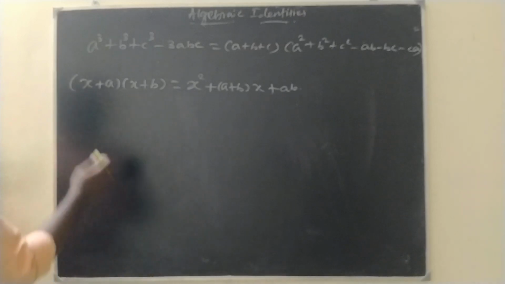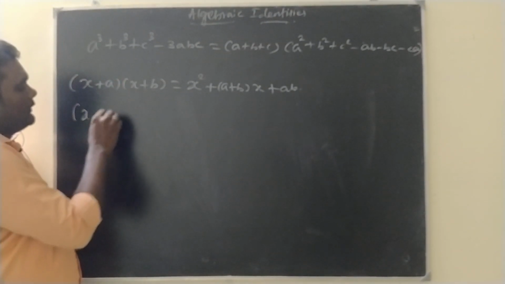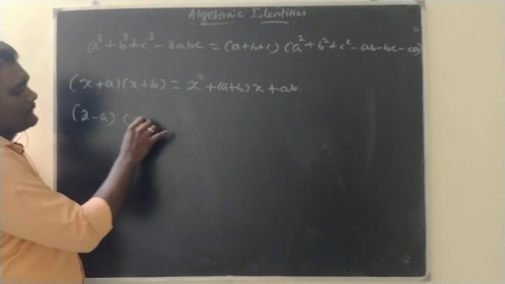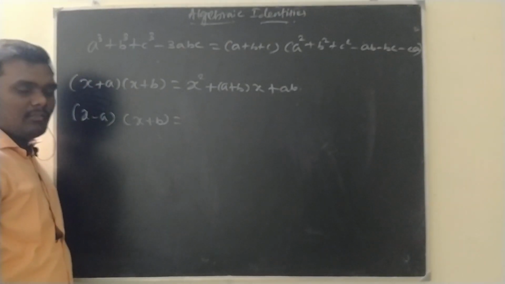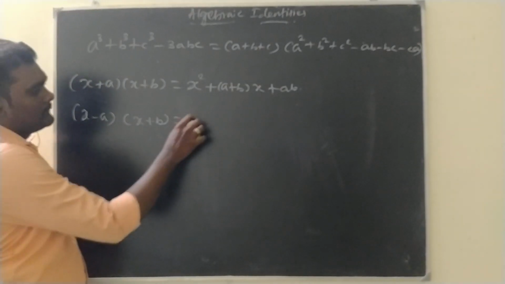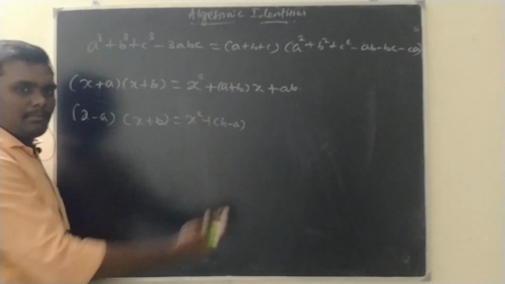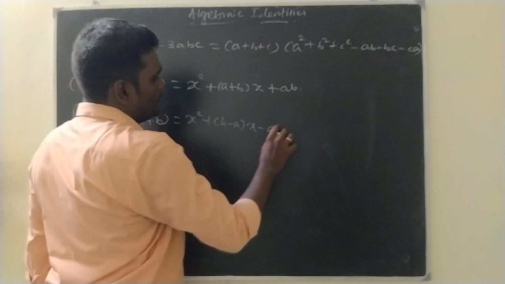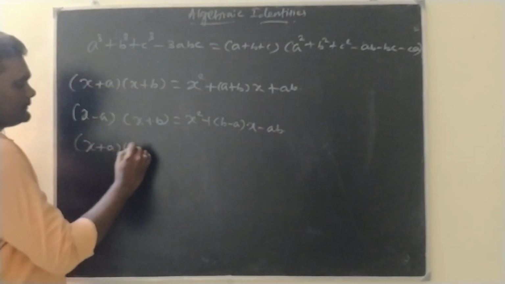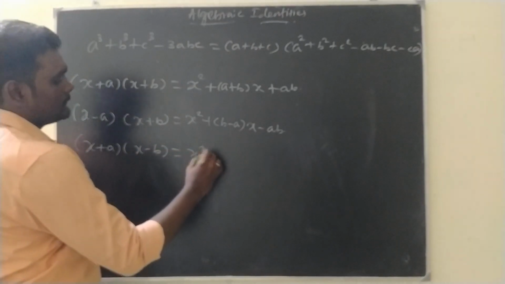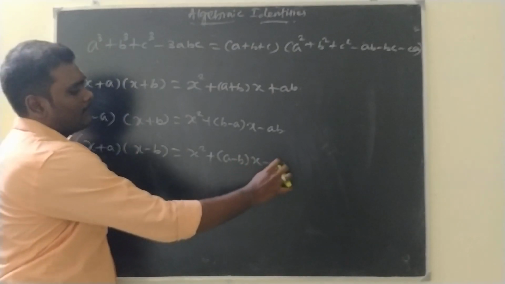Now this also has several variants. If a gets negative and b remains positive, wherever a comes we replace it with minus. That is it. So x² + (b − a)x − ab, or else x² − (a − b)x − ab. The same way, if b gets negative, x² + (a − b)x − ab.